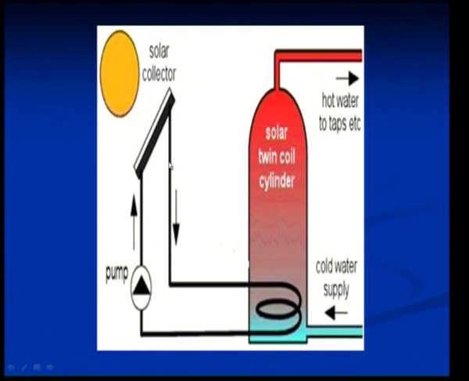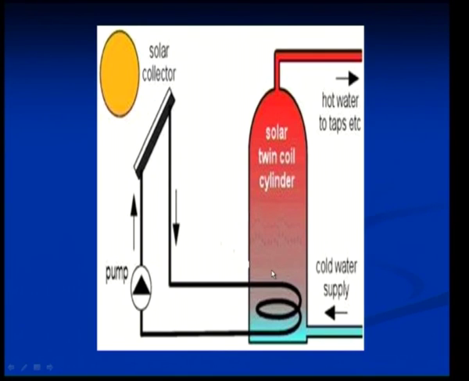This fluid comes in a cold condition initially, pumped through a pump, reaches the solar collector. When the solar collector is heated up because of the solar energy, it picks up the heat from this area of the solar collector, and the hot water or the warmed up water again flows down and gets into this storage or the reservoir point.